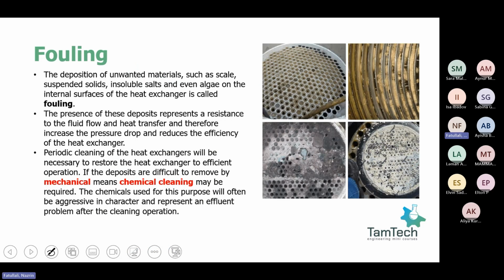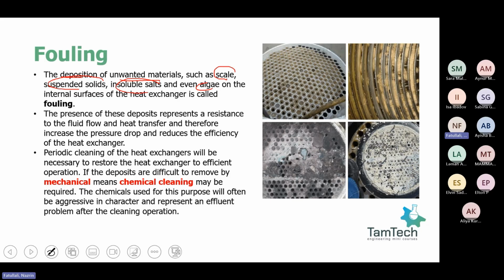Fouling, first of all, is the number one operational problem in heat exchangers. This is the deposition of unwanted materials, which can be scale, suspended solids, soluble salts, algae, some microbiological agents that can accumulate, as Sabina said, and cause a decrease in heat transfer.